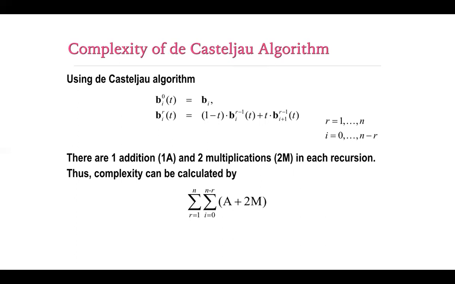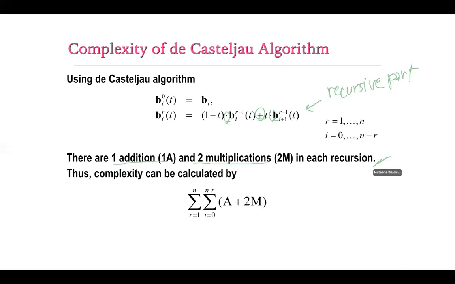They are all the arithmetic operators. In the recursive part of the Casteljau algorithm, you have one addition and two multiplications for each recursion.